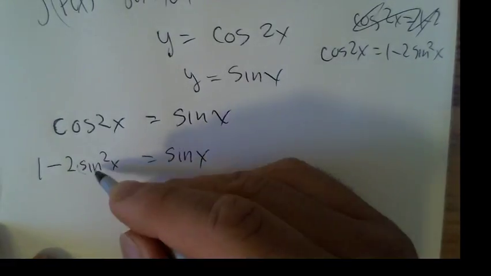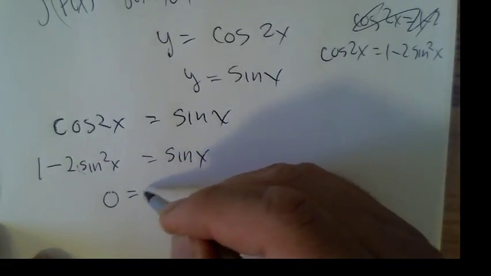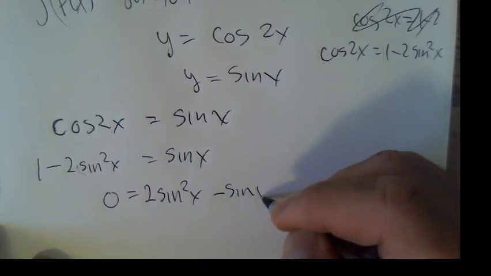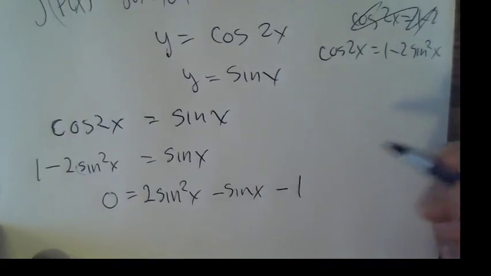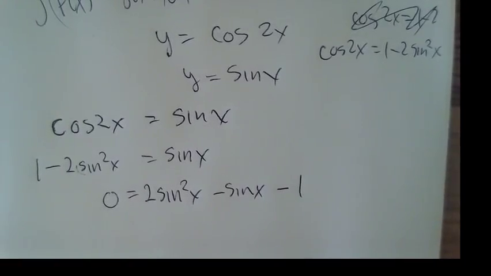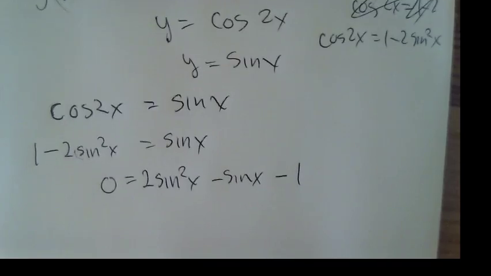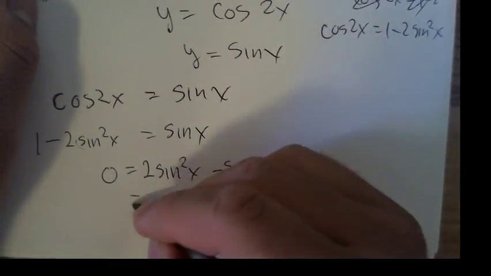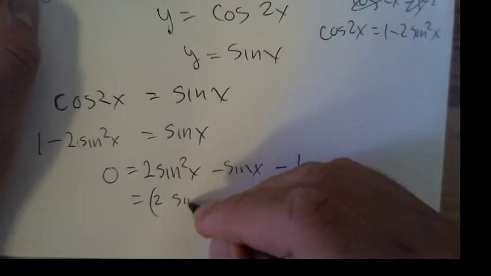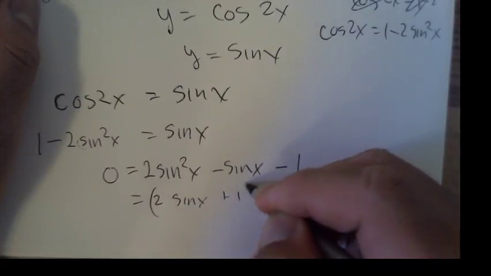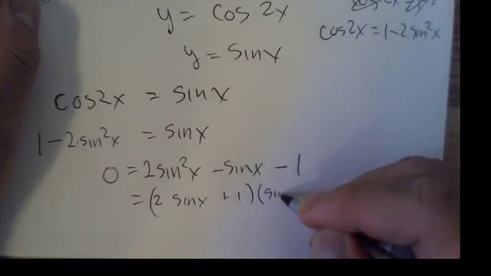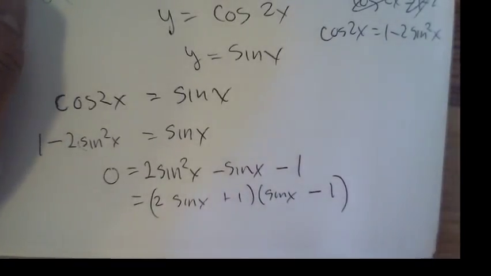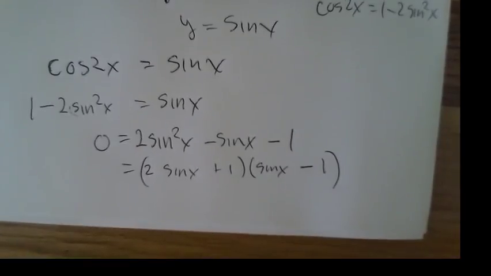So I'm going to move everything over to the other side. All right, so it'll look something like this, and now I'm going to factor. I can factor it like this, right?